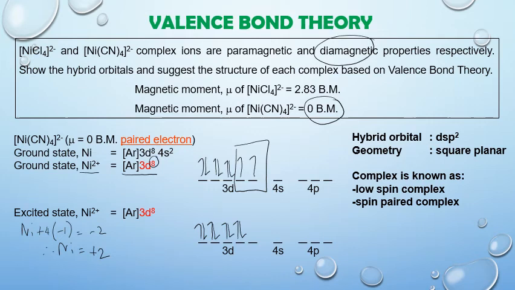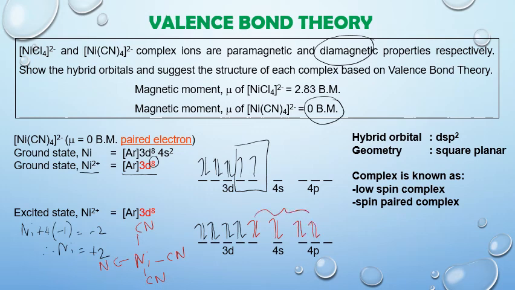In this complex, the nickel binds with 4 cyanide ions. As we know, each cyanide donates 2 electrons. So 4 cyanide means 8 electrons. So nickel should provide 4 orbitals. So here the electrons will overlap here: 1, 2, 3, 4, 5, 6, 7, and 8.